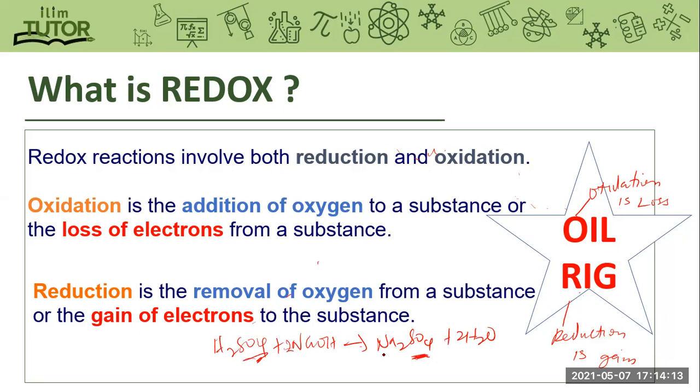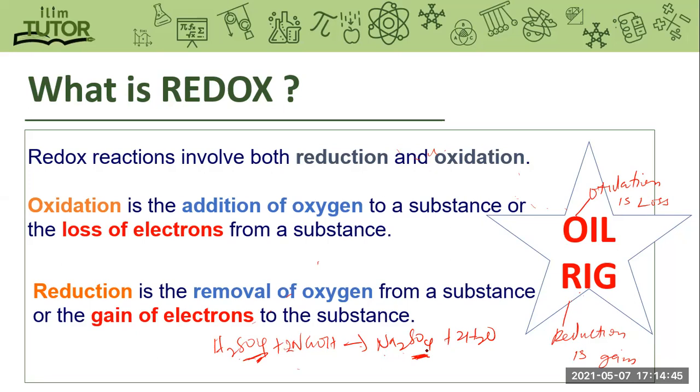If I calculate the oxidation number of sulfur here, it is 6, and it is still 6. So the oxidation state remains the same. When you have such a reaction, such an equation, it is molecular. It is not a redox reaction. So for a reaction to be a redox reaction, there must be loss of electron and there must be gain of electron. Both must happen. As I said, redox reactions involve both reduction and oxidation.